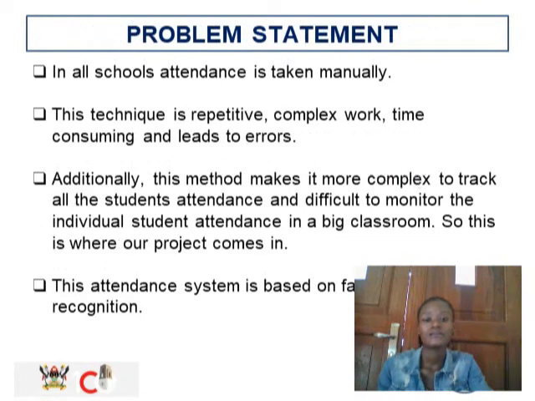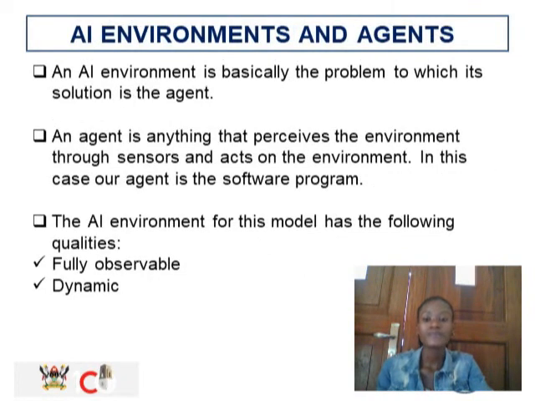Alright, what's an AI environment? An AI environment is simply a problem to which an agent is the solution. An environment is a space or an area in which an agent works.